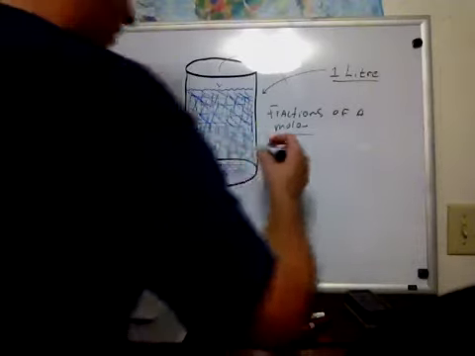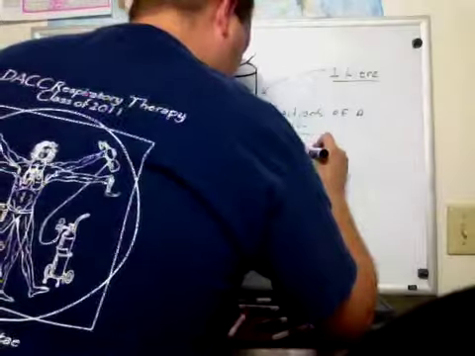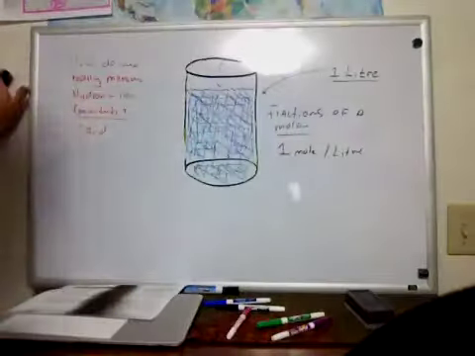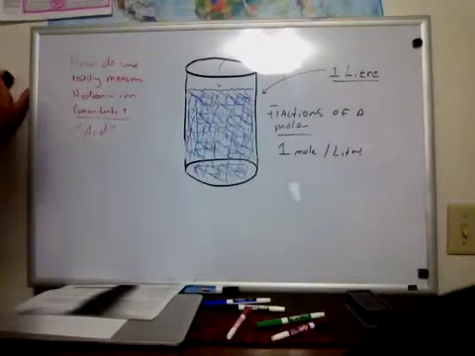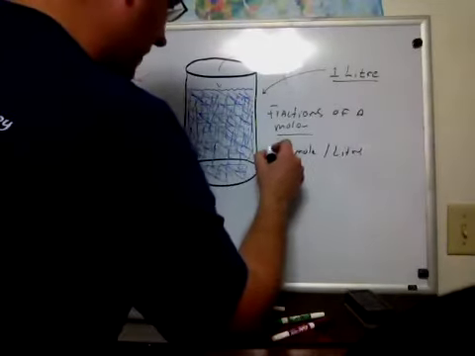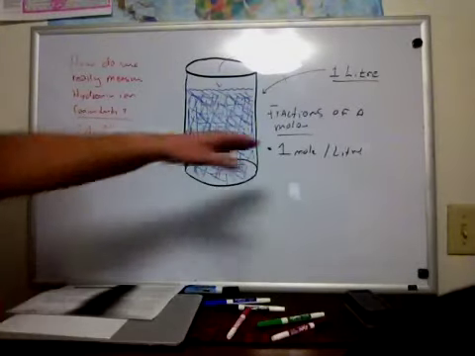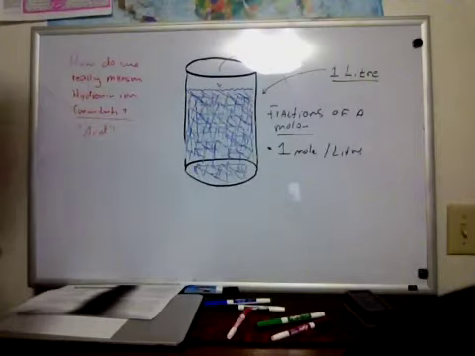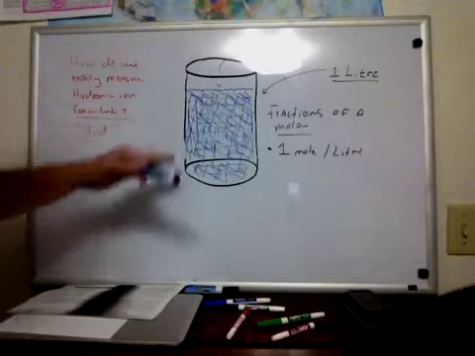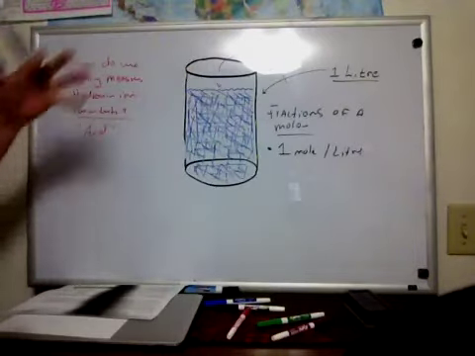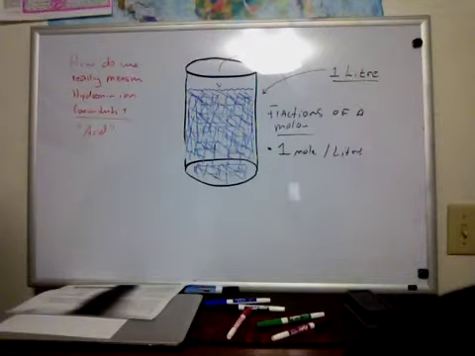So let's say that I start off with 1 mole per liter, and let's just say that that's as concentrated as I'm going to get under any realistic circumstance. Let's say that I want to then weaken that a little bit. I want to dilute that. How can I? Well, obviously I'm going to add some more fluid to dilute it out.